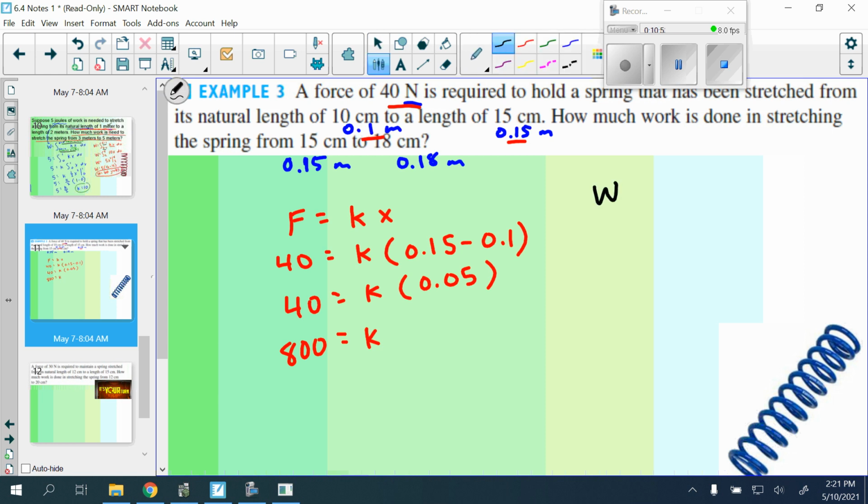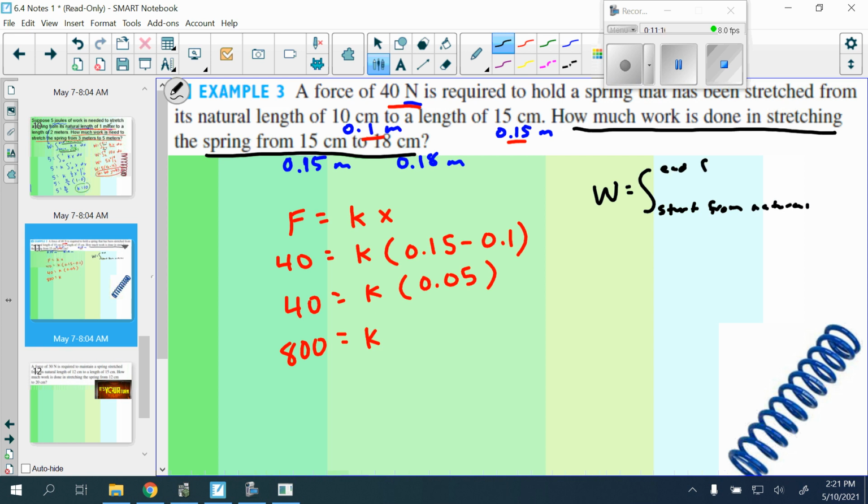So our work done in stretching the spring from here to here, we've got to find, again, our starting amount from the natural length and our ending amount from natural here.